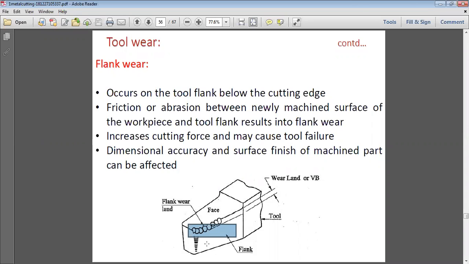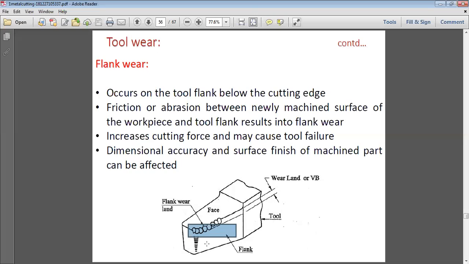So as the tool advances, it goes on taking off metal. Clear? Due to the friction and abrasion, the upper layer of the workpiece material goes on being taken off. Clear? And after the above layer goes off, a new layer, the newly machined surface, comes into contact with this part.